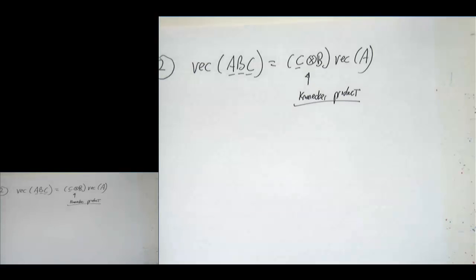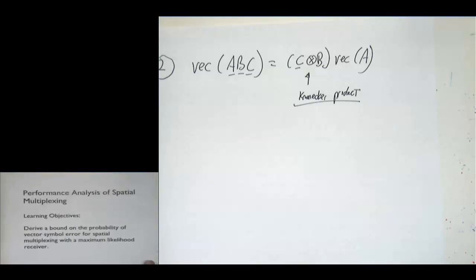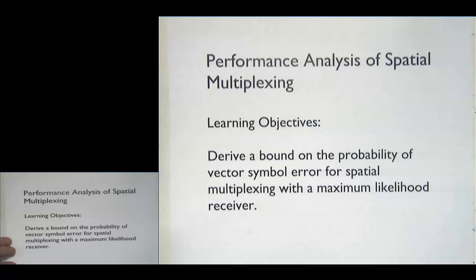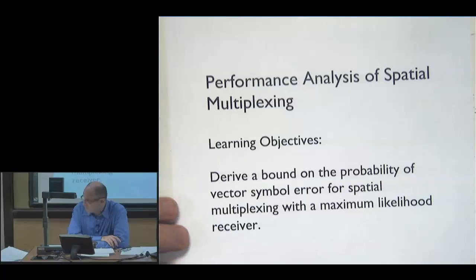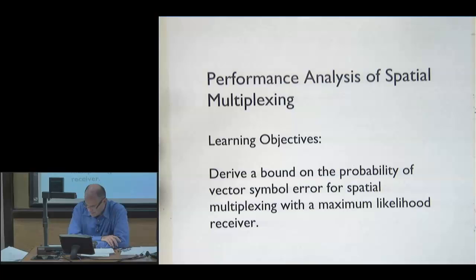So just to review here, we looked at the performance analysis of spatial multiplexing and derived a bound on the probability of vector symbol error rate for the Gaussian channel. And then we were in the process of deriving that same bound for a fading channel. And so we'll finish that derivation on Wednesday.